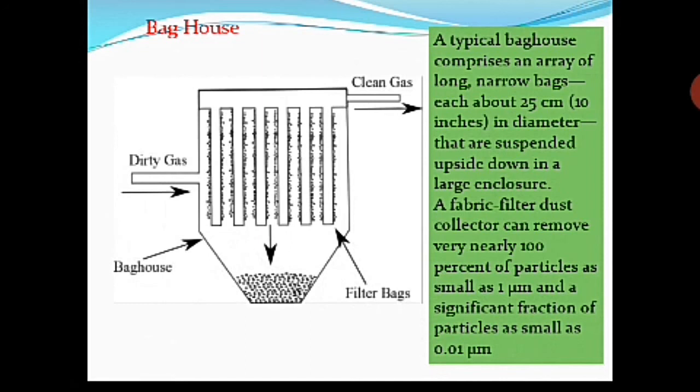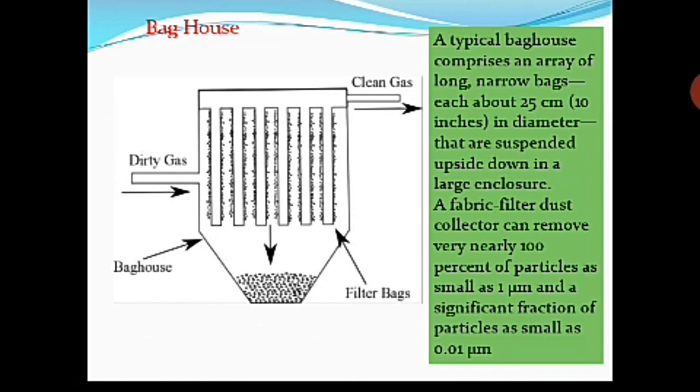The dusty or dirty air is allowed to pass through the bottom into the bags. As they are porous, only the air can pass through, while the dust particles are trapped within the fabric of the baghouse, and they fall down by using a mechanical shaker or vibrating machines.